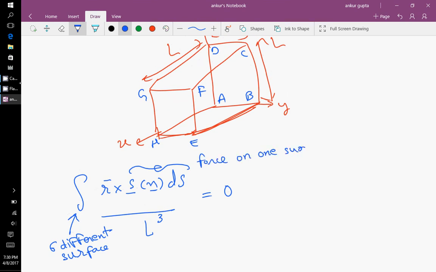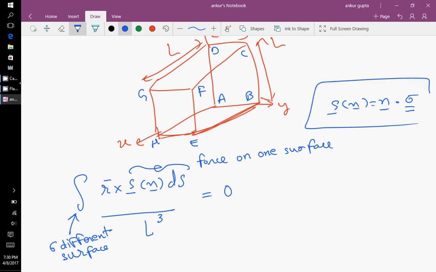We know that Sn is basically the force exerted by fluid with normal n vector, and that basically Sn is n dot sigma. This is something we had discussed in class, and this was also reviewed in the last video of review of Navier-Stokes, so please go ahead and see this.